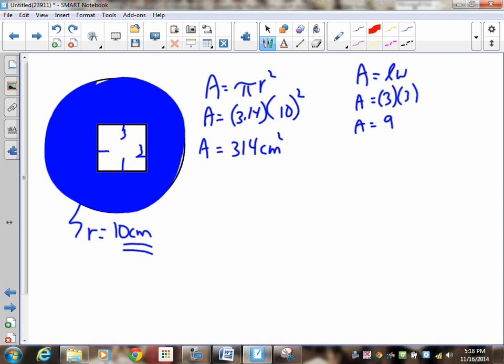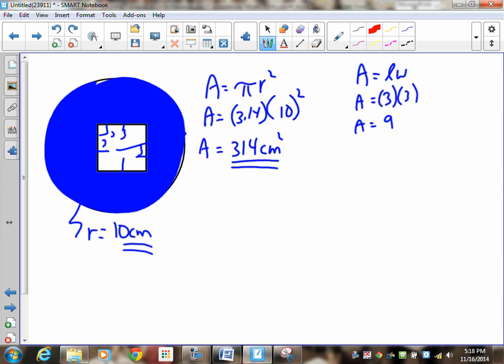So now, what we're going to do is take the circle and subtract the square. Now remember, this is not to scale. The square is actually really small because the square is only 3 by 3. This circle has a radius of 10. Okay, so it's really kind of small.